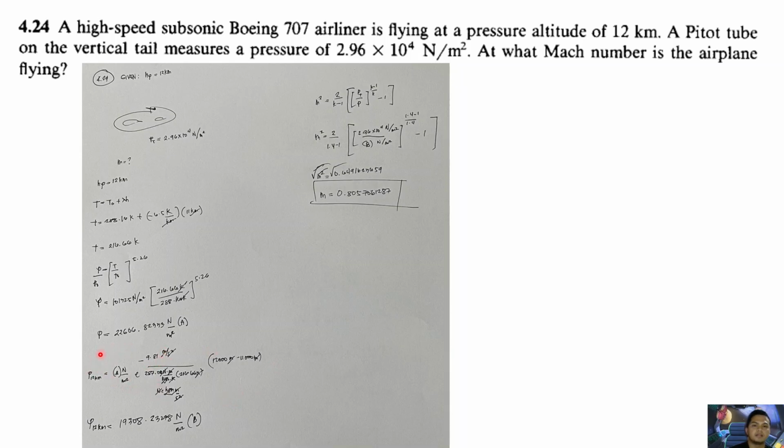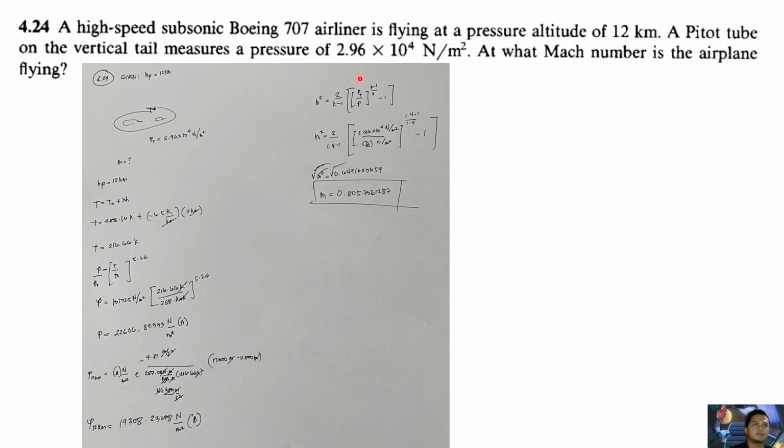That is P sub 12 over P sub 11 is equal to e raised to g over RT times h2 minus h1. Okay? So, I just input the given values. So, we have the pressure at 12 km of 19308.23278 Newton per square meter. Store B.